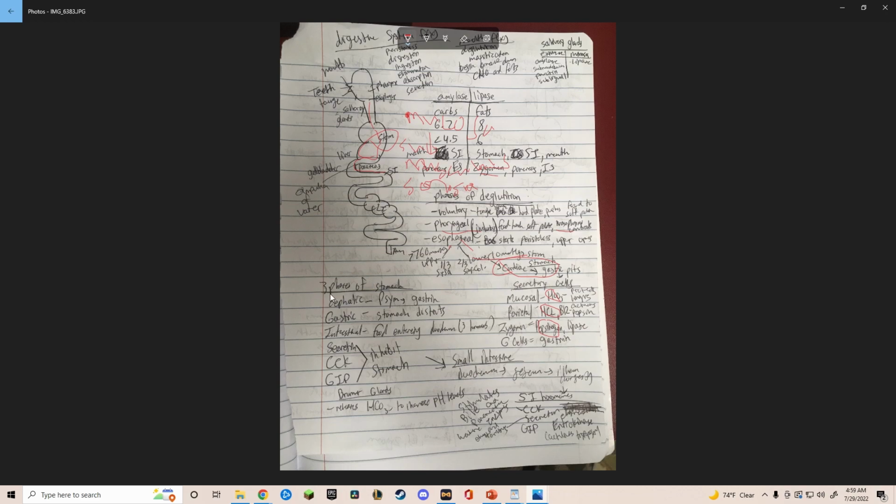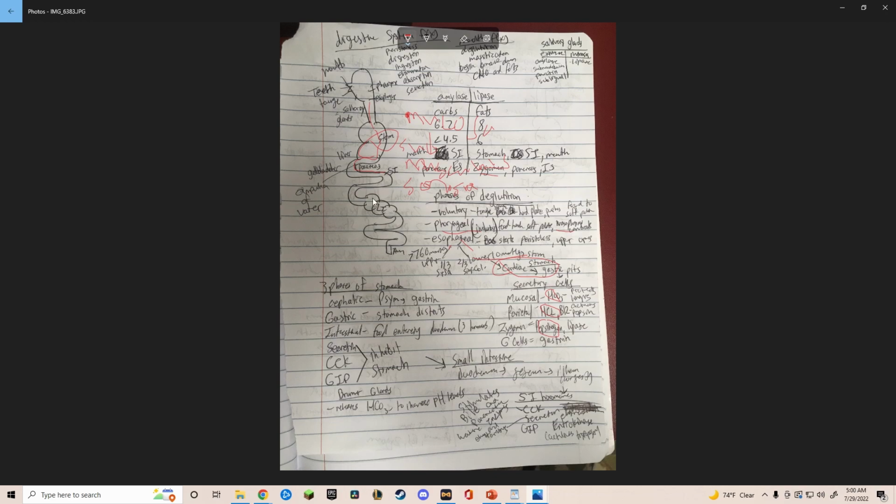Now next are the three phases of the stomach. The cephalic, which is basically when you see or smell food, it causes the parasympathetic system to go to your stomach and release gastrin cells, which start stimulating the stomach.